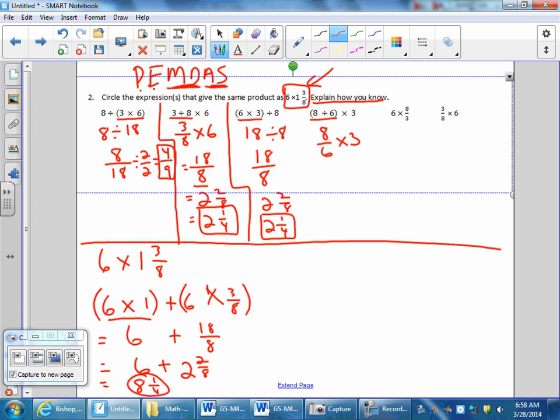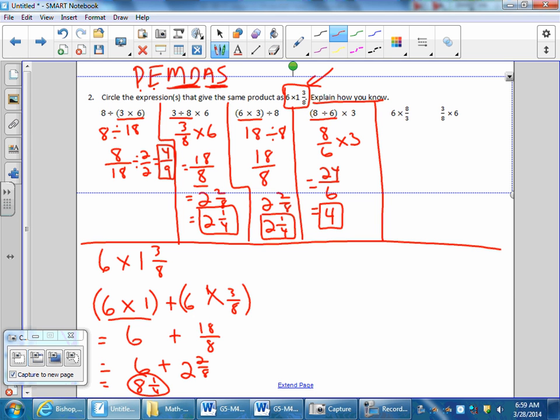Multiply my numerator times the whole number is 24 divided by 6. 24 divided by 6 is 4. And if I'm going too fast, just slow it down and pause it, go back, see if you can understand exactly how I'm explaining it.